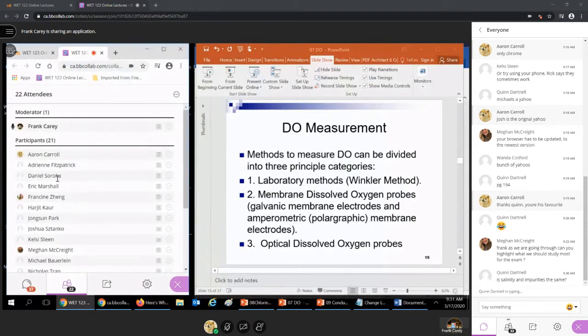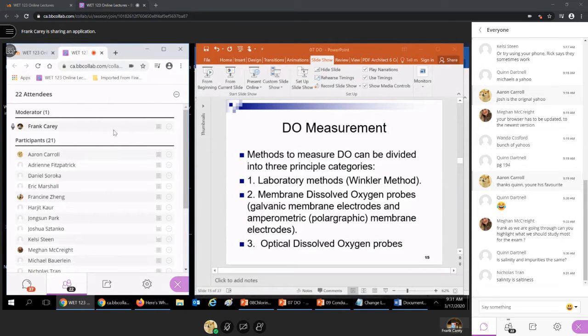Second one is membrane dissolved oxygen probes. I mentioned them before, and we'll get into greater detail with them in a bit. And the third one is optical dissolved oxygen probes. They're usually just called LDOs, luminescent dissolved oxygen probes. So LDOs.